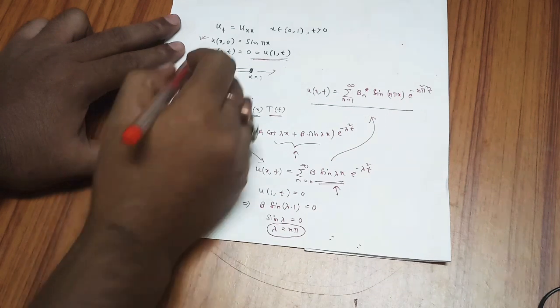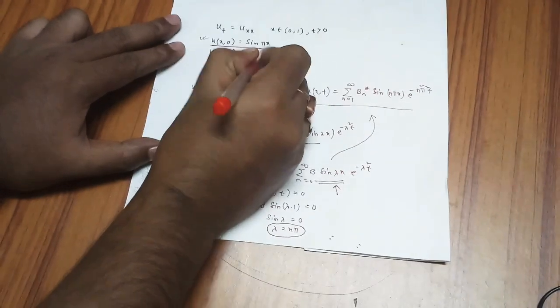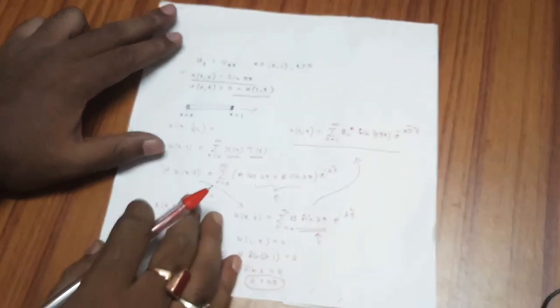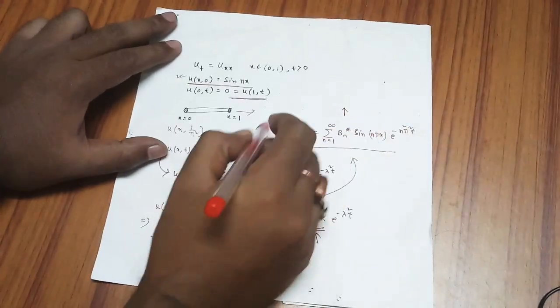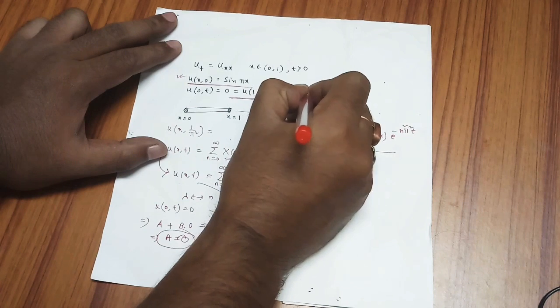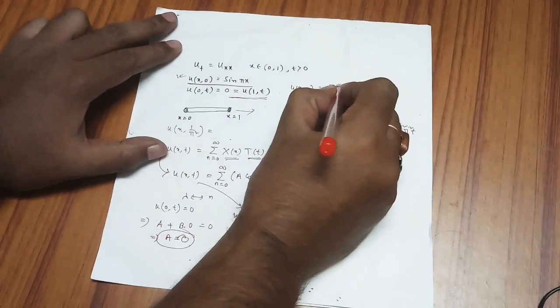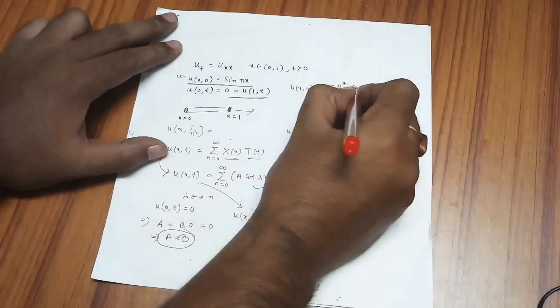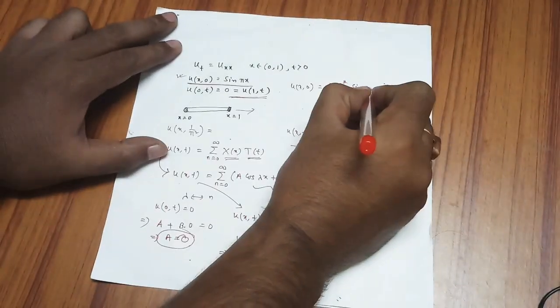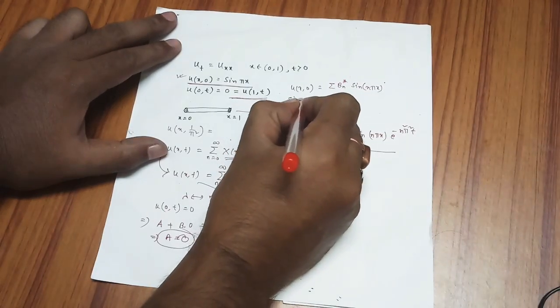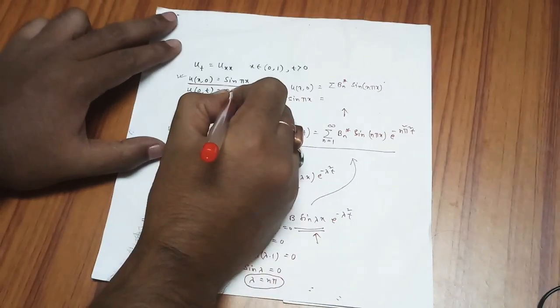Now you need to use this to get your answer properly. So use u(x,0). From here you will get the summation of bn star sin(n pi x), and this is nothing but sin(pi x), as given in the question.